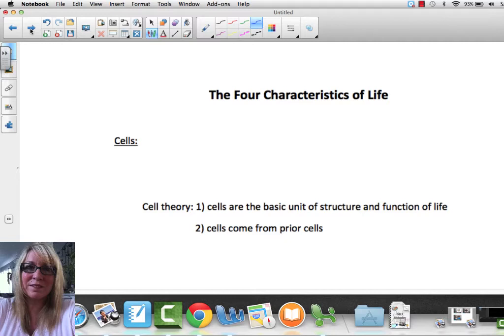So we're going to start with cells. Cells are a collection of living matter separated from its surroundings.